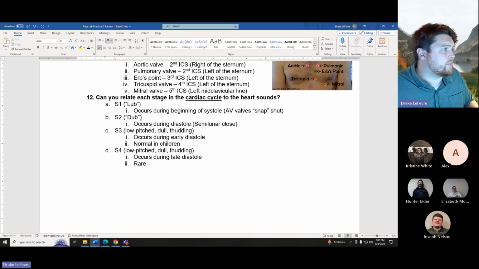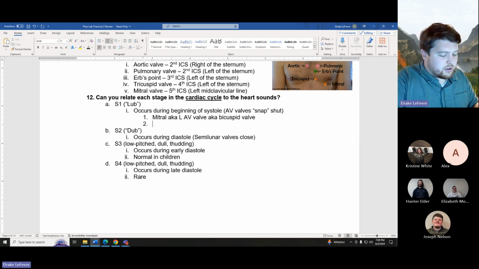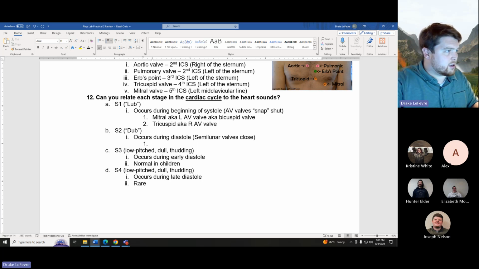The AV valves close. S2, the dub, occurs during diastole. The semilunar valves close. So always remember all of the different names. Mitral, aka left AV valve, aka bicuspid valve. Sometimes they'll throw in the different names. Tricuspid, aka right AV valve.